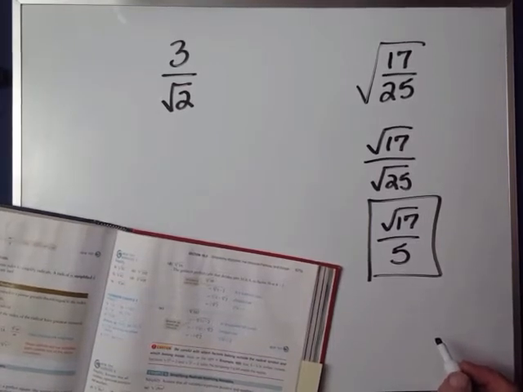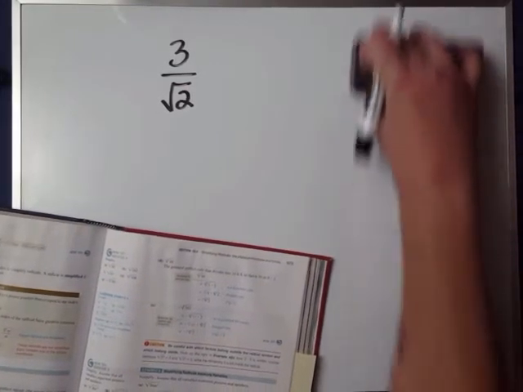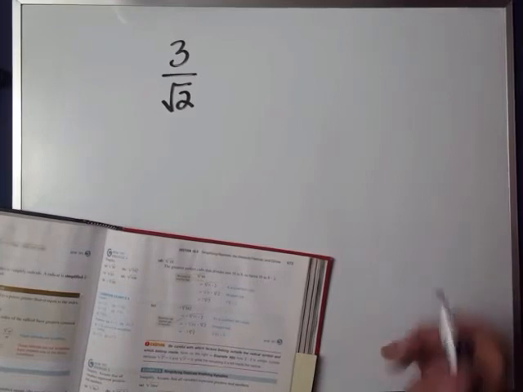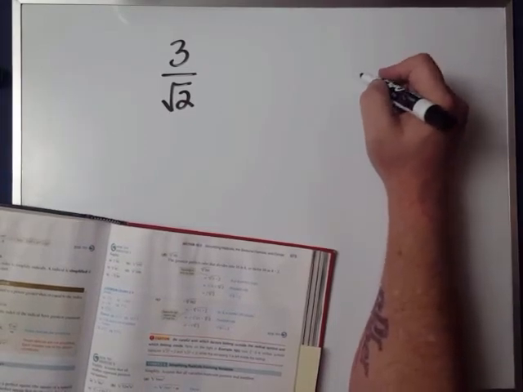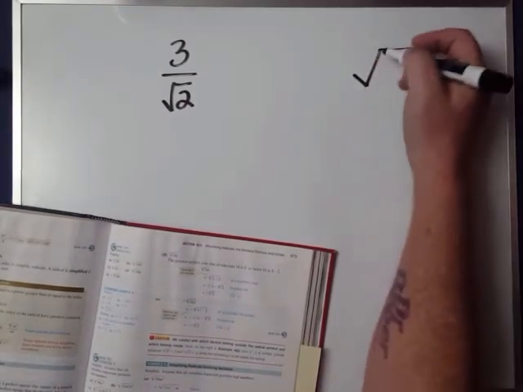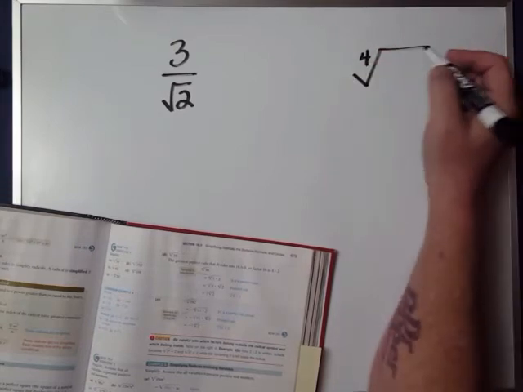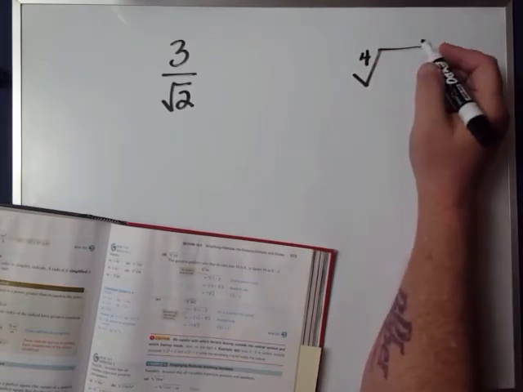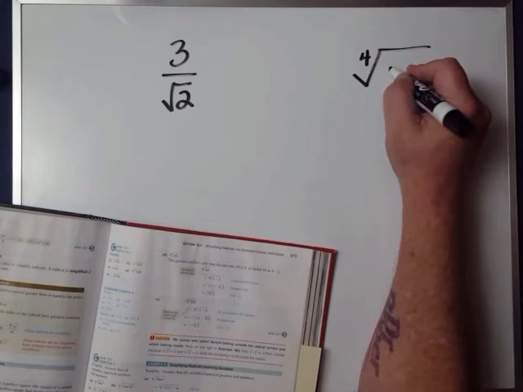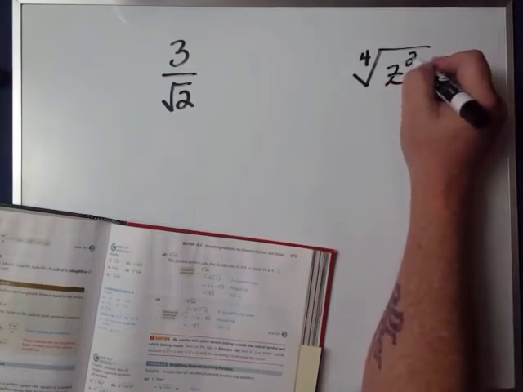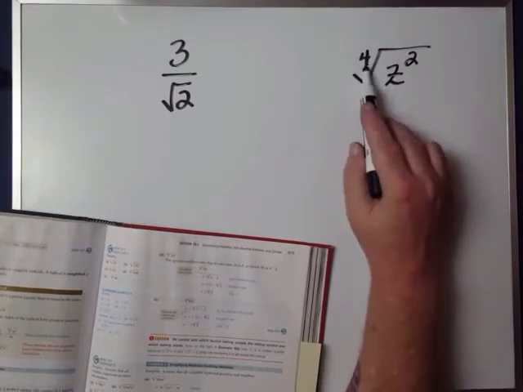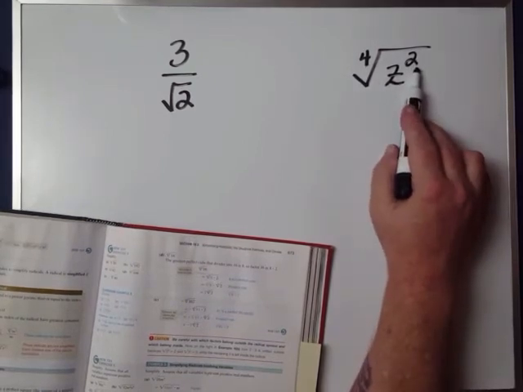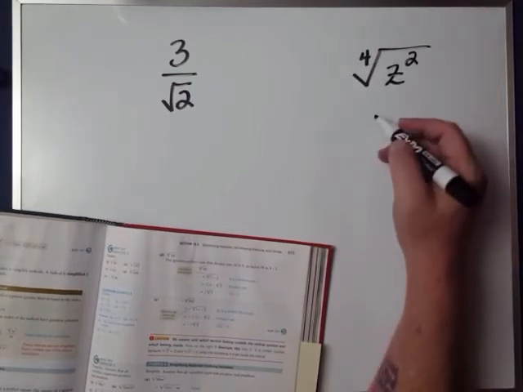Let's jump down to number 4. In number 4, it says, the exponents in the radicand and the index of the radical have greatest common factor 1. This index and this power have a common factor of 2.